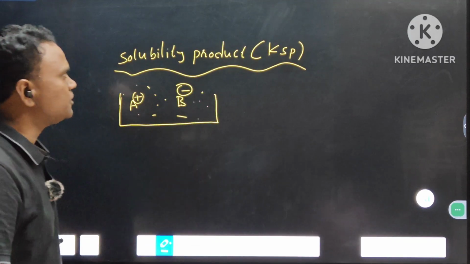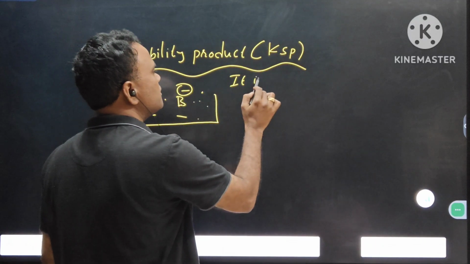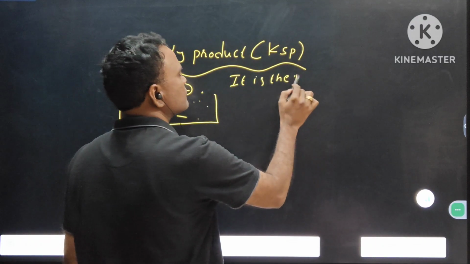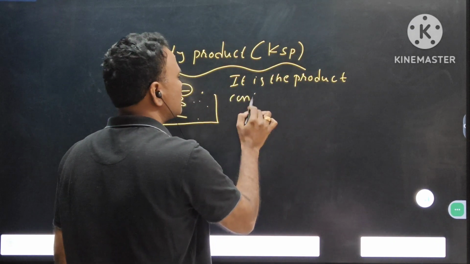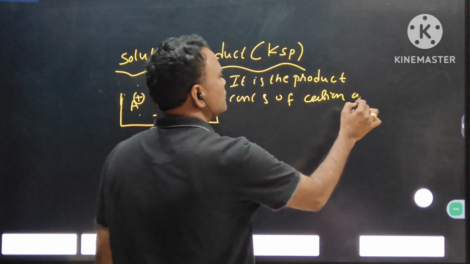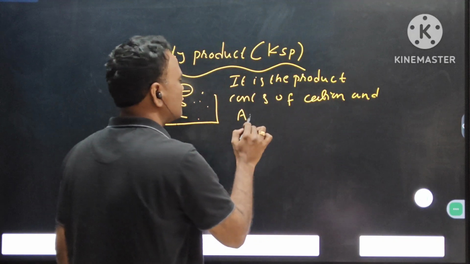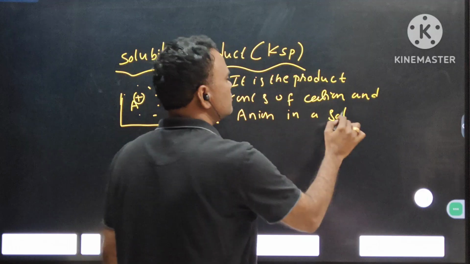Now, solubility product Ksp is the product of concentrations of cation and anion in a saturated solution.